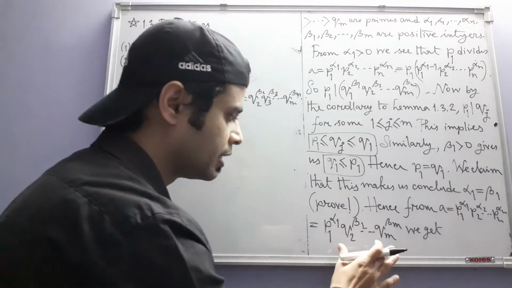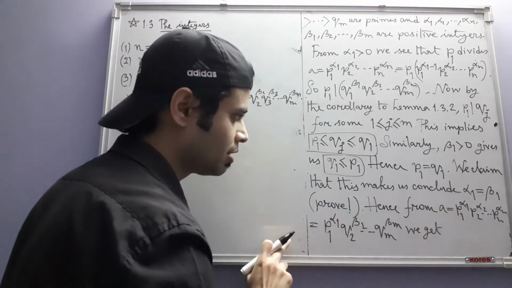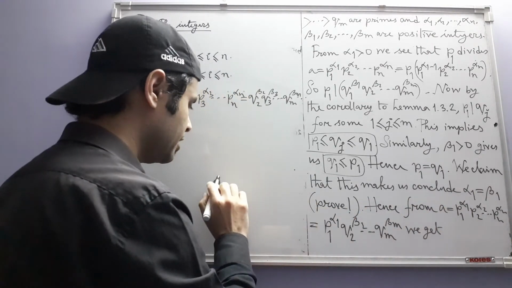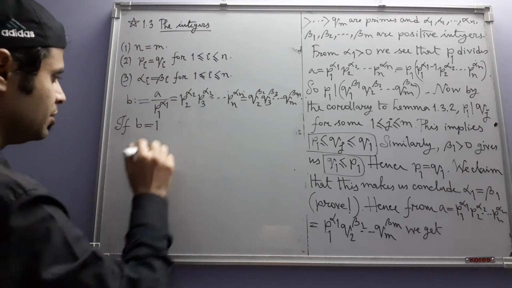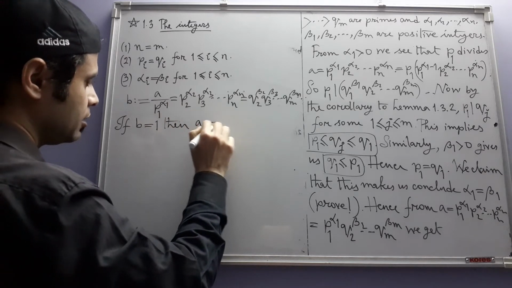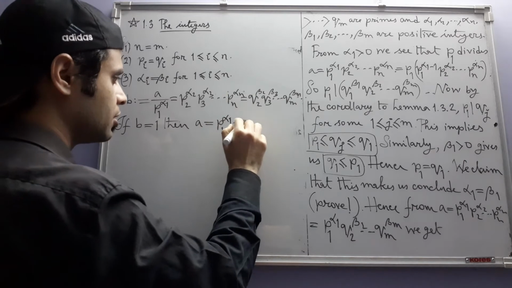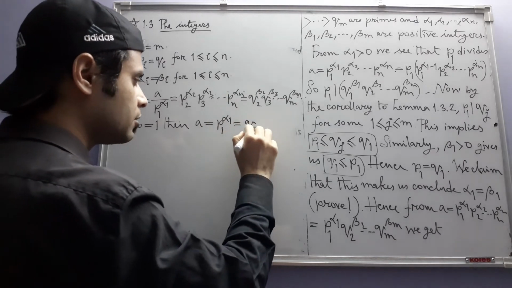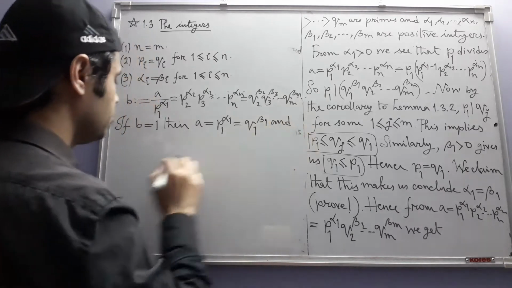Then we are done. There are no more prime factors, and we have shown that actually this will be the case. Or let me just formally write it here. If B is equal to 1, then A is equal to P1 to the power alpha 1, which is equal to Q1 to the power beta 1, and we are done.